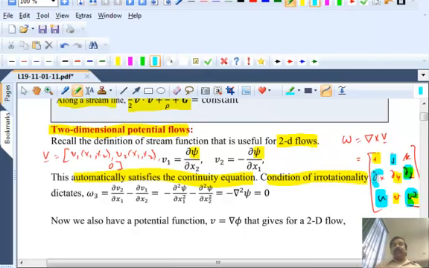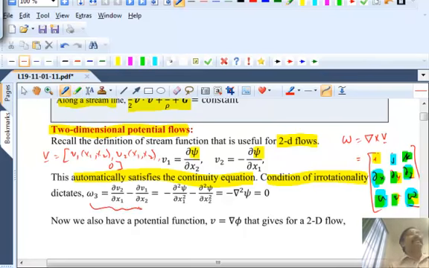So that vorticity component will also be 0. In a two-dimensional flow field, the only vorticity component that is not 0 comes from the third one. When you expand that, omega 3 is d/dx1 of v2 minus d/dx2 of v1.